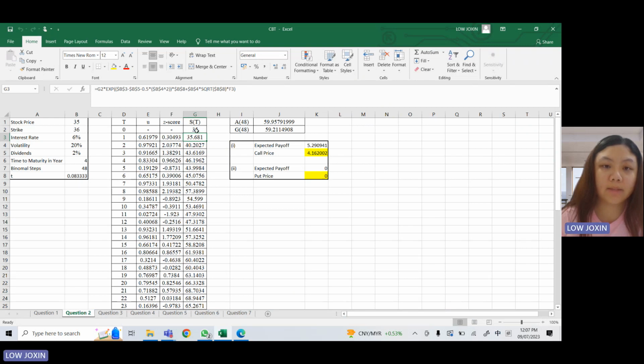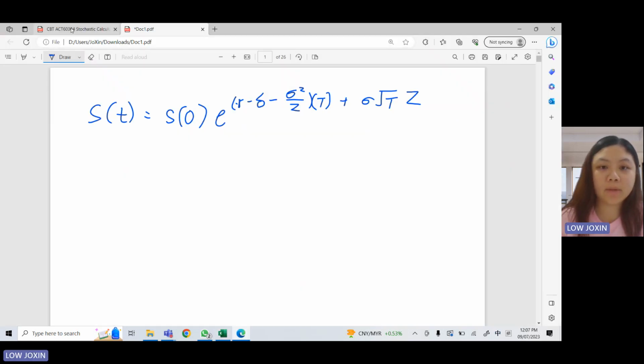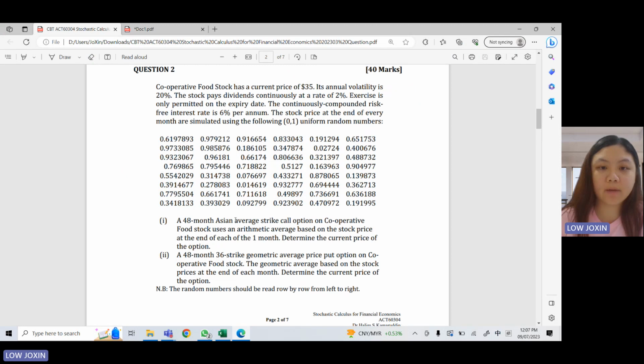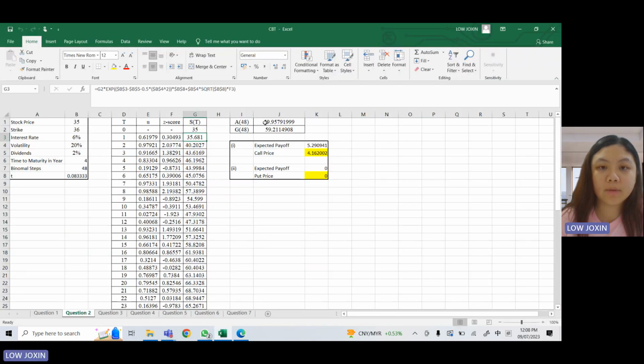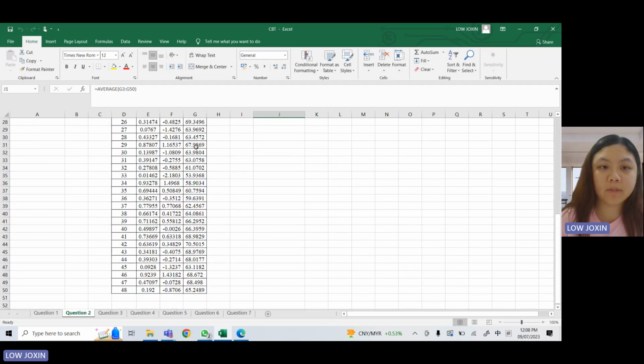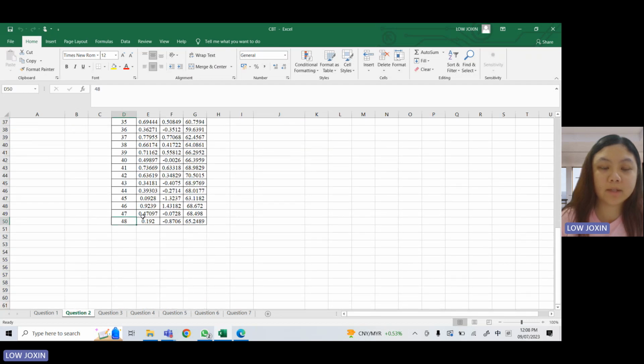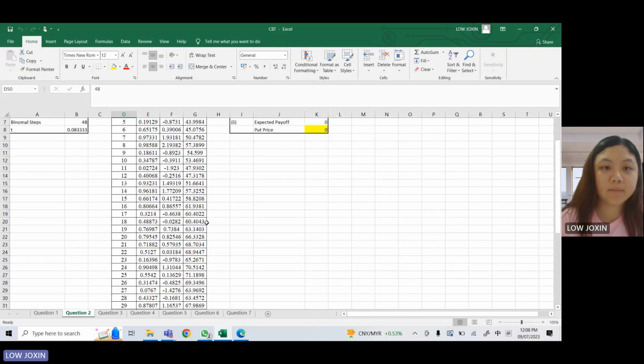So after we get the simulated stock price, we can get the arithmetic average and use the arithmetic average to be our strike price. So our arithmetic average will be we sum up all the stock price and divide it by 48, because there are 48 simulated stock prices.